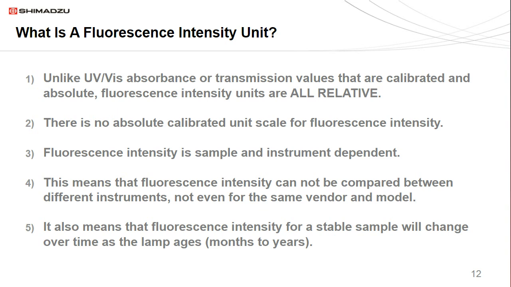The fluorescence intensity unit is both sample and instrument dependent. You cannot compare raw fluorescence intensity units between different instruments. You can't even compare them against the same instrument over time. The main reason for this is as the lamp ages, your fluorescence intensity units will go down. So that means even for a stable sample, you're liable to get different raw fluorescence intensity readings over time.